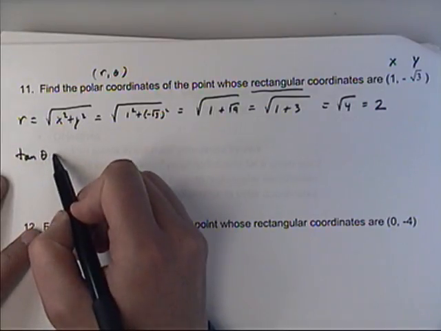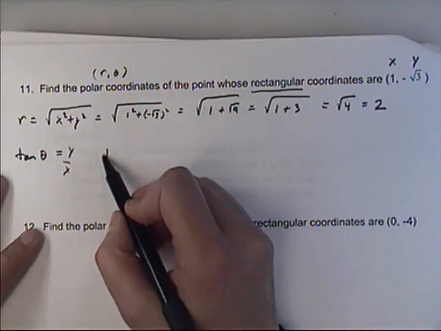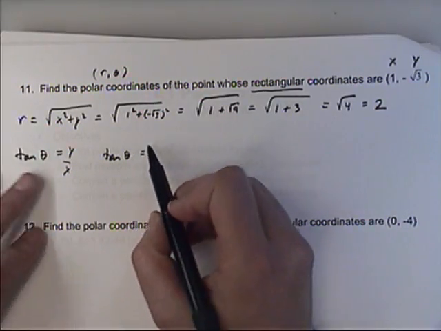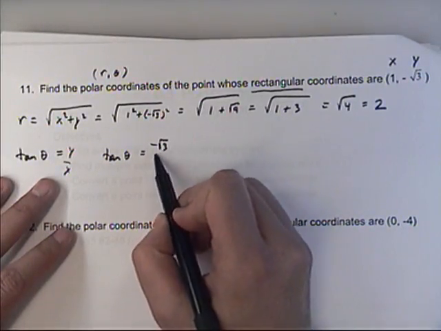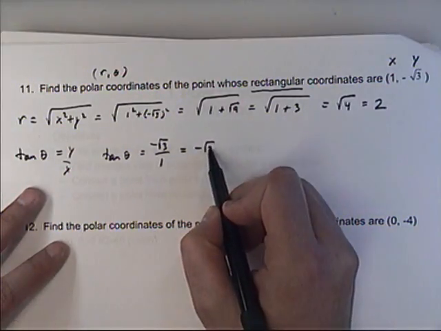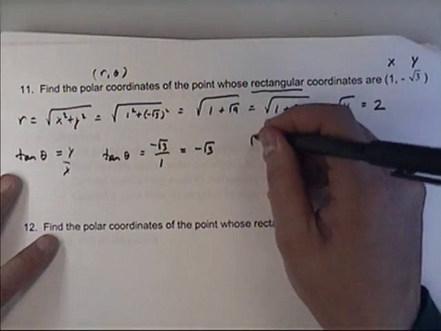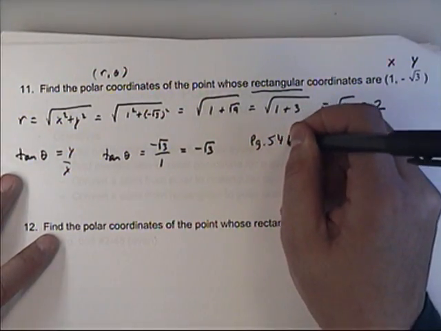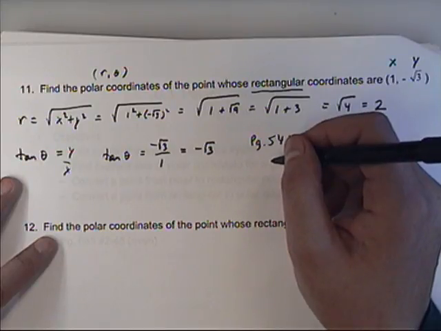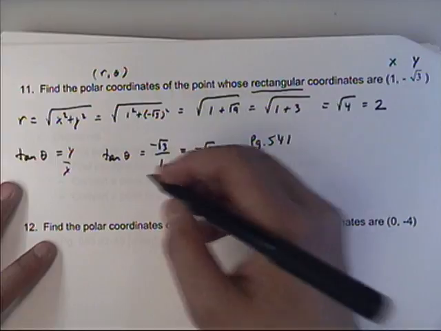Then we also need to find the theta. So we use the formula that the tangent of theta equals y over x. So the tangent of theta equals y, which is negative root 3, over x, which is 1, which is basically negative square root of 3. Now, if you look on the table on page 541, you'll see that in the first quadrant, the reference angle here is pi over 3.